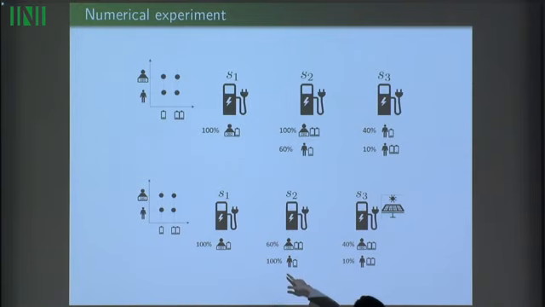So if you look at what's happening to the CEOs, 60% of the CEOs with higher energy demand are here, but 40% of them are now sent to the further station that has free energy, essentially.